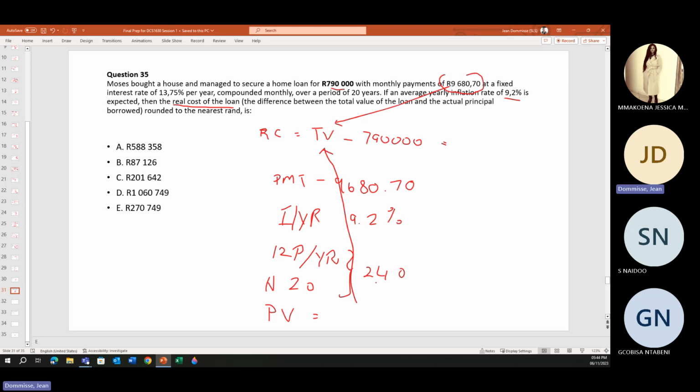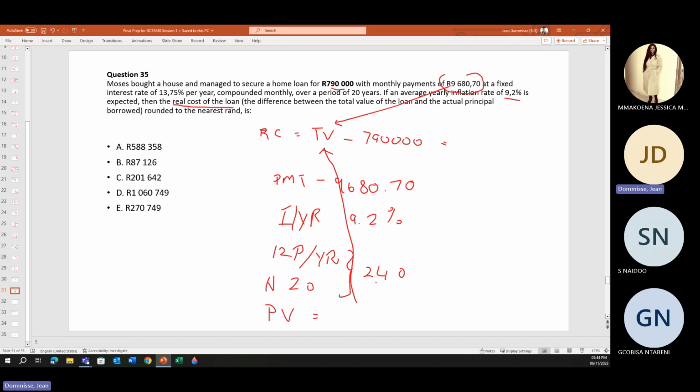So 9680.7, that is my payments made per term. It is for 12 times a year for 20 years, so in total, 240 payments.